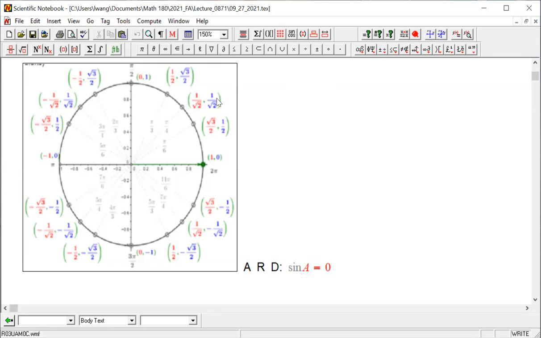That's what we know. Or you can say if sine of A equals 0, what are we looking for? We're looking for A. Do you guys see that? ARD, from D to A. So what's the bridge? The bridge is the reference angle.